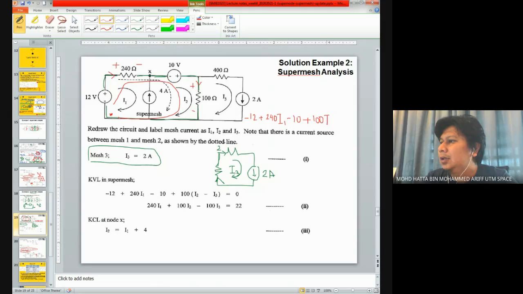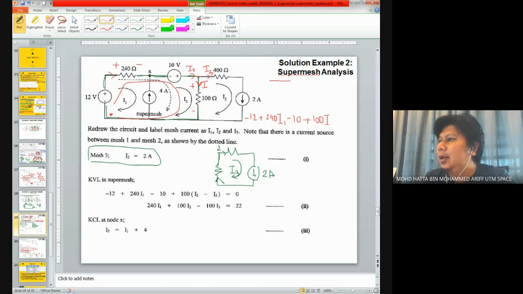times I. Why do I put I? Why not I put I2? Because if you look at this junction, the current coming from this junction, this one is considered as I2, and this one is considered as I3. This current I over here is basically the combination of both I2 and I3.